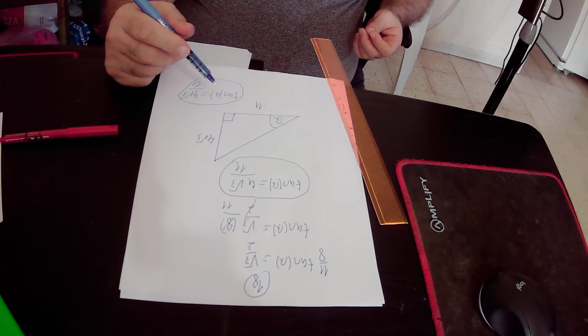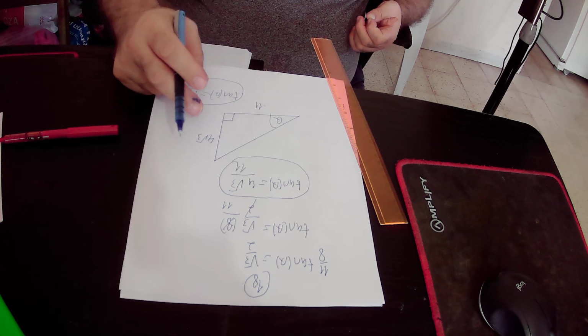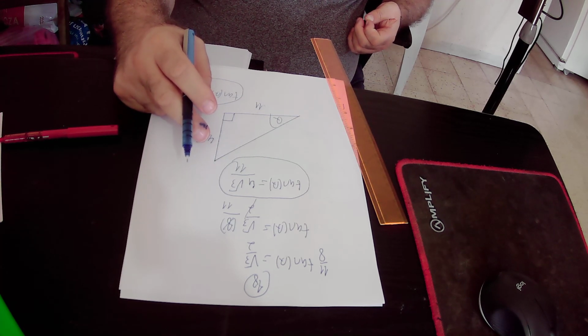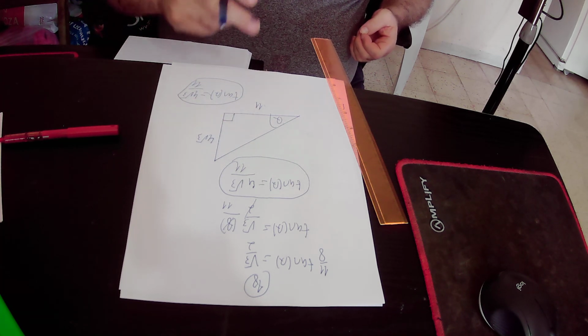Actually, sine q is the side that is in front of angle q, that is 4 times root 3, over the hypotenuse.